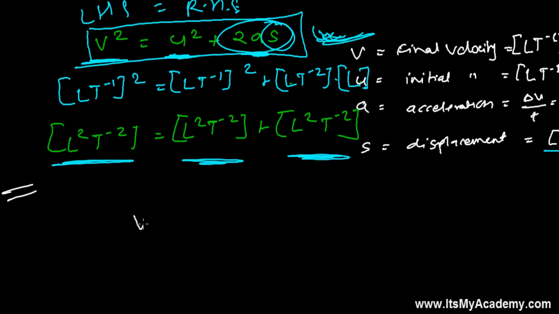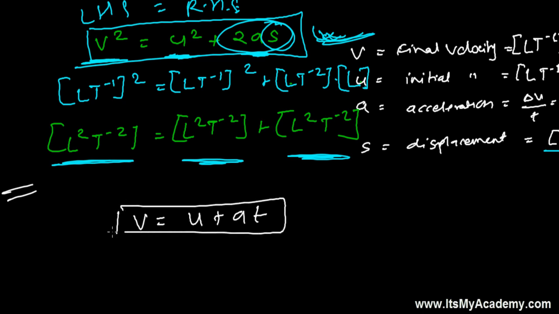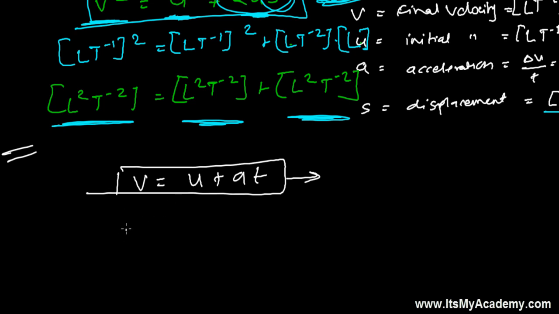It's v equals u plus at. This is a correct equation, and I'm writing it a little wrong: v equals u plus st. If the principle of homogeneity states that every term should have the same dimension, and if we are getting the same dimension, then it is correct, otherwise it's incorrect. It's just a kind of application.